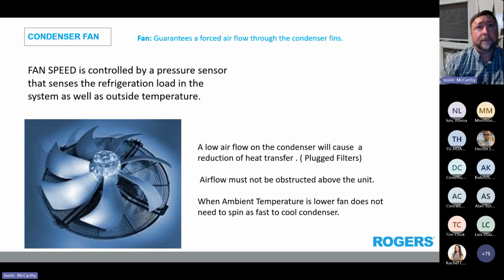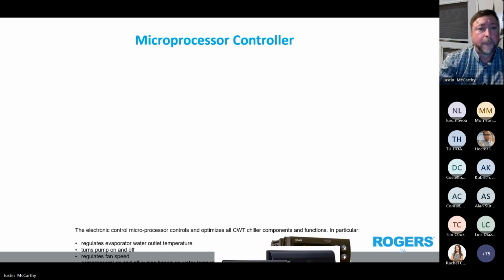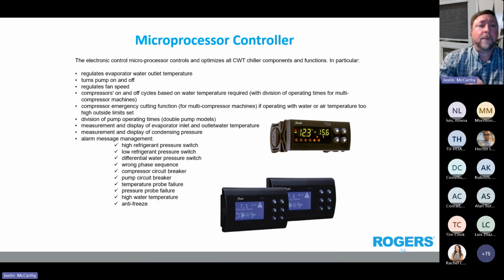So to operate in winter conditions, we need to slow those fans down and keep the pressures balanced in the system. And of course, a package chiller would have a microprocessor controller. This would be mounted on the control panel, regulates evaporator water outlet temperature, turns pumps on and off, and gives you error codes. So basically, the brains of the operation.